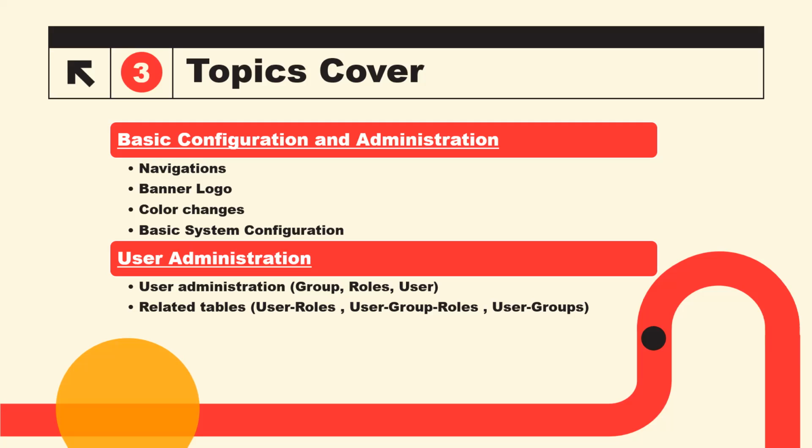So today, whatever the pending topics in basic configuration and administration, like color changes, we will talk about those things. And after that we will move into user administration, groups, roles, and user related topics, as well as the related tables, which user roles are related, how the user group roles are connected, and how the user groups are connected.